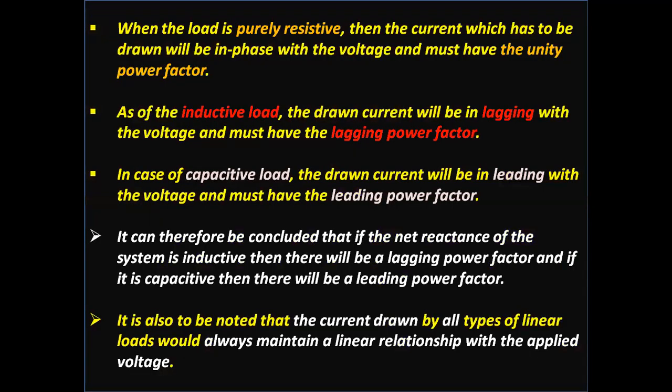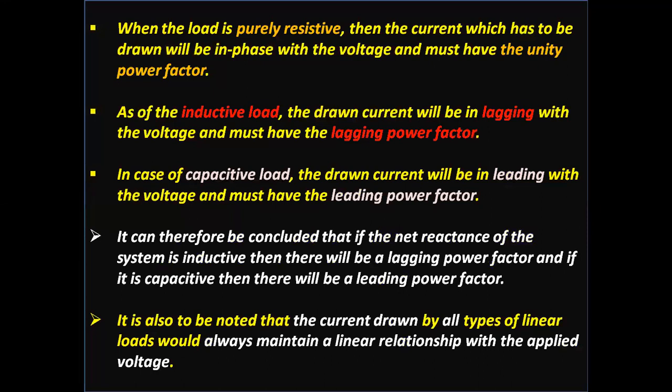When the load is purely resistive, the current drawn will be in phase with the voltage and must have unity power factor. For an inductive load, the drawn current will be lagging the voltage and must have a lagging power factor. In case of a capacitive load, the drawn current will be leading the voltage and must have a leading power factor.